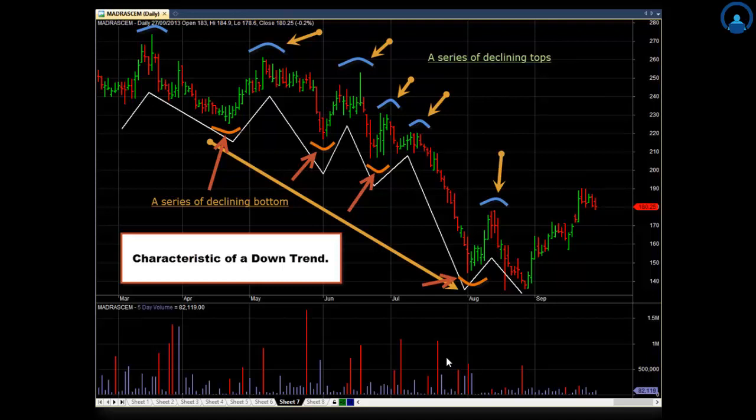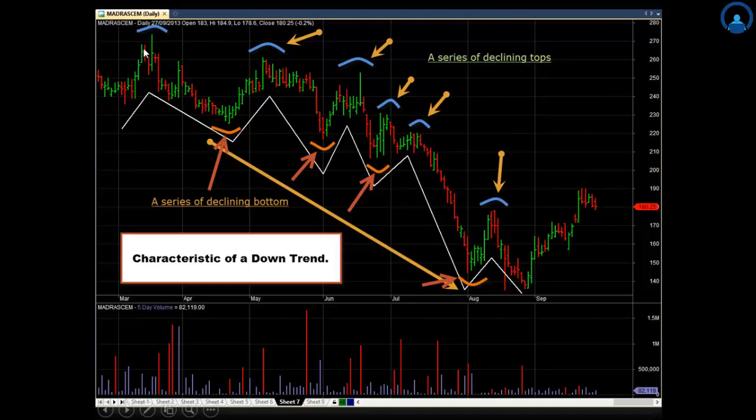This is the Madras Cement chart for the year 2013. It covers data from March 2013 to September 2013. You can see this stock shows characteristics of a downtrend, where it has a series of falling tops along with a series of falling bottoms.